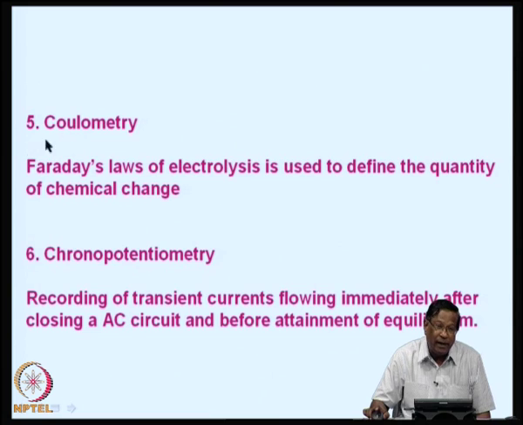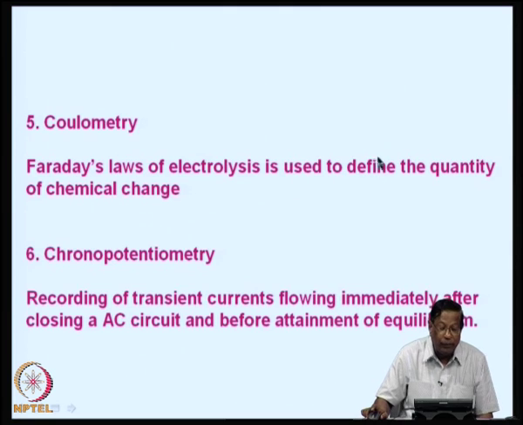And another technique is coulometry, that is use of Faraday's laws of electrolysis to define the quantity of chemical change depending upon the amount of electricity we pass through the solutions. That means, you pass 1 Faraday, 1 coulomb, and then the equivalent quantity of the substance should be deposited.